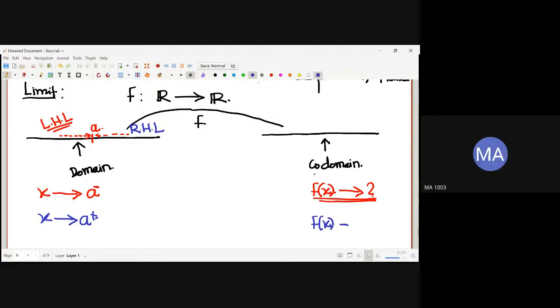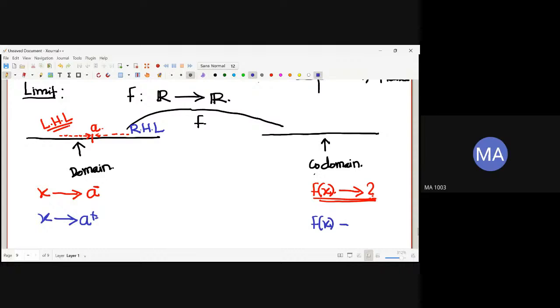Yes, sir. Yeah, so when the right hand limit is the same as your left hand limit, then you say your limit exists at x equal to a.